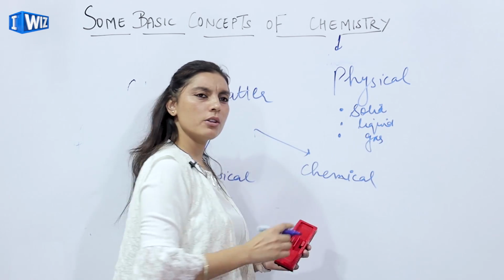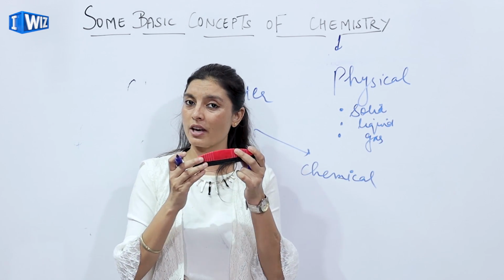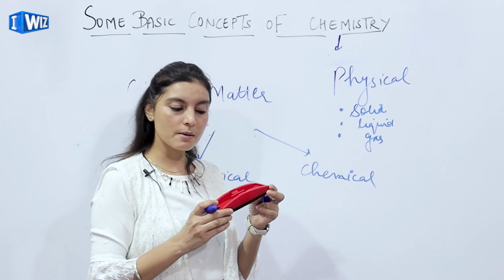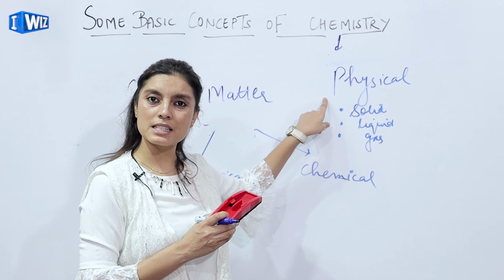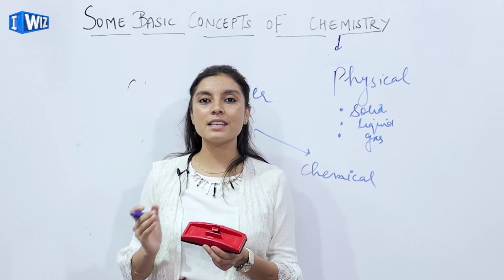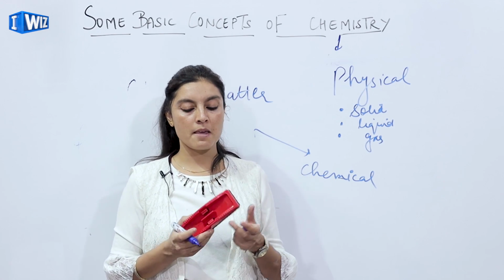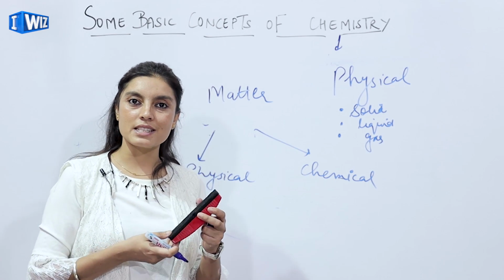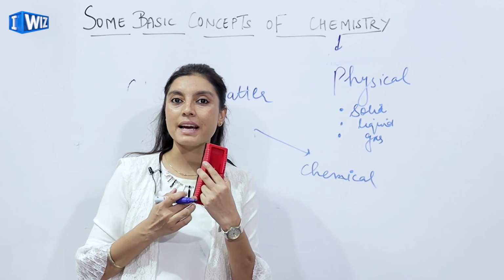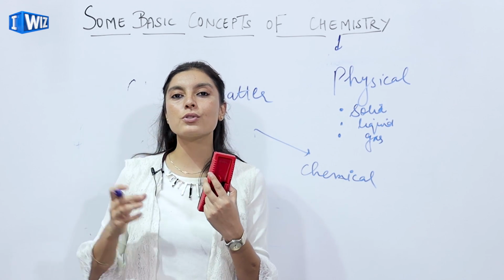Now, as we all know, this duster is a solid. Why do we call this duster a solid? The reason is that when we talk about physical classification, we categorize the substance on the basis of its physical structure. This duster comes under the category of solid since the atoms combining here are very close together.